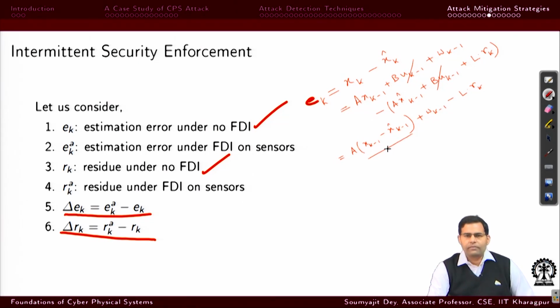And this is, as you can see, the error in the k minus 1th step in the state estimation. So, overall we can write this.